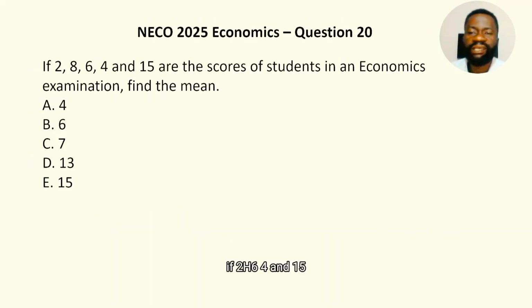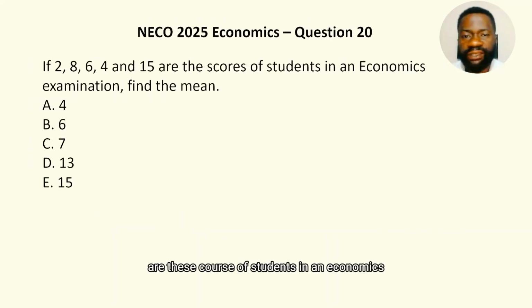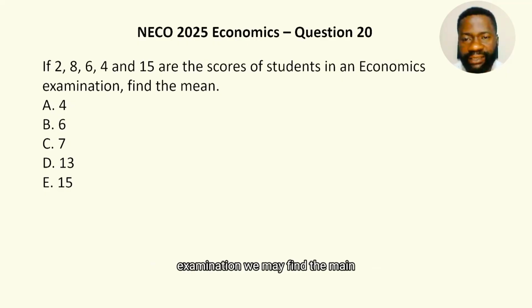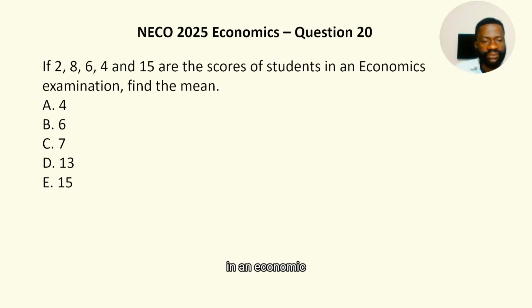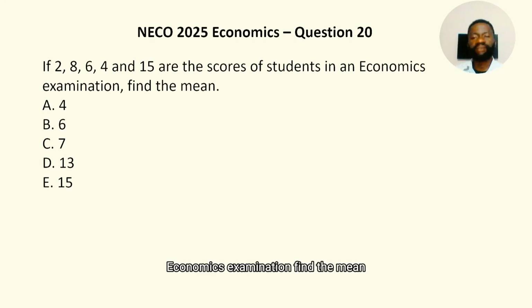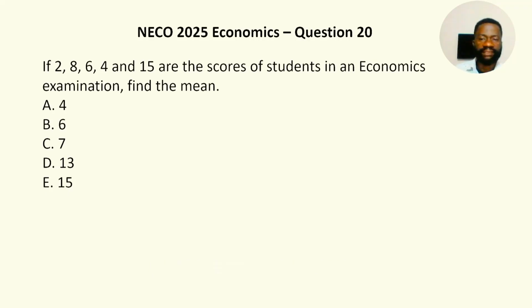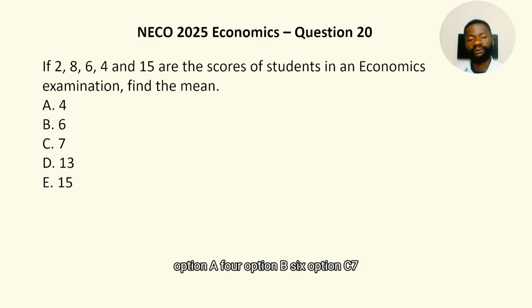If 2, 8, 6, 4, and 15 are the scores of students in an economics examination, find the mean. Option A 4, option B 6, option C 7, option D 13, and option E 15.